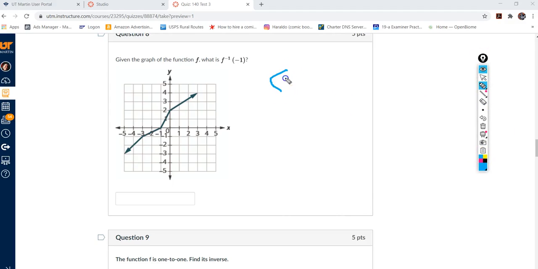So suppose x, y is a point on the graph of f. Then f maps the x coordinate into the y coordinate. If f is 1 to 1, then f inverse maps the y into the x.